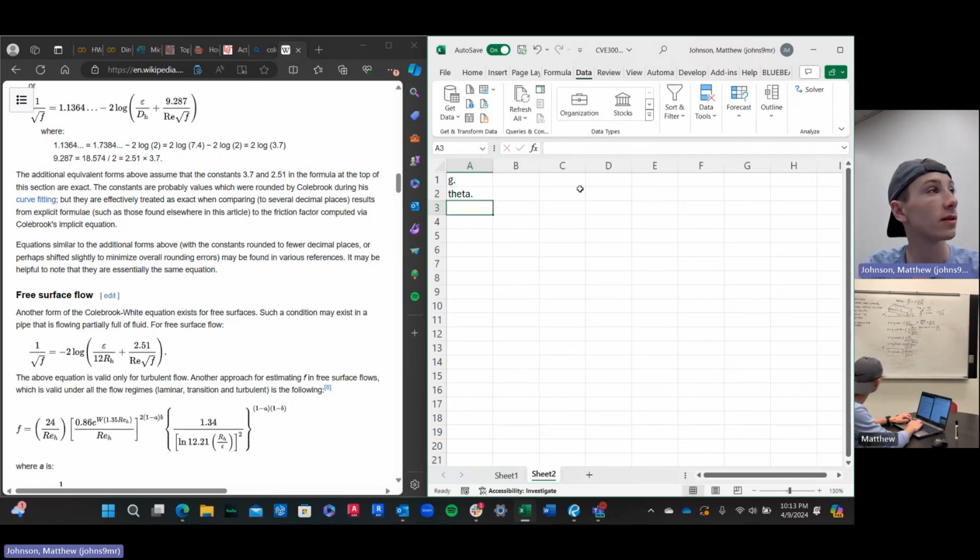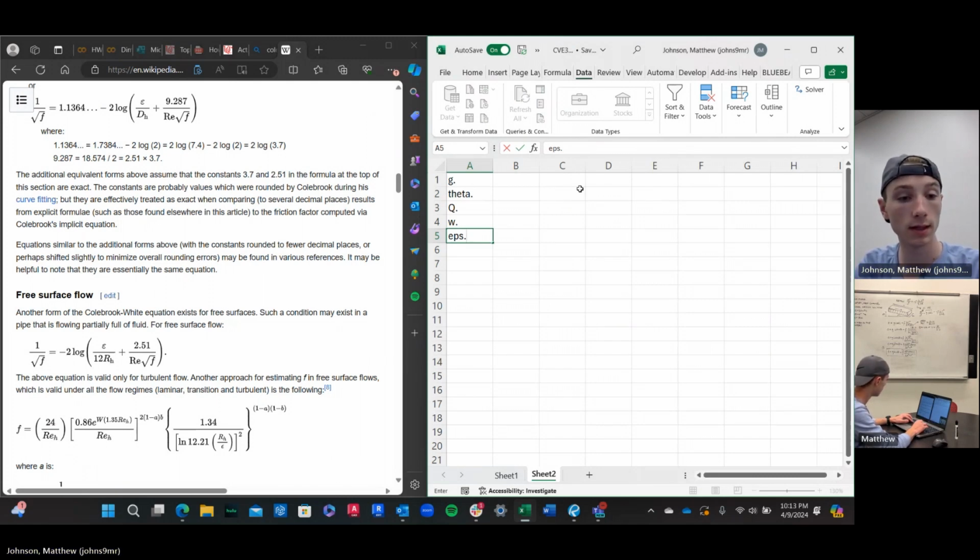We have Q. We know Q. We have the width. We have epsilon for our roughness there. We'll also need the hydraulic radius, right?